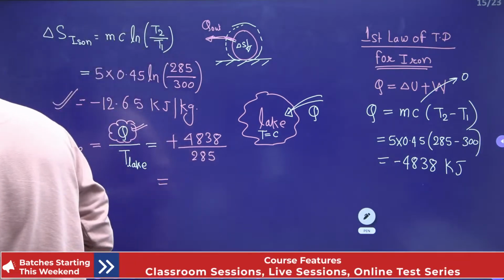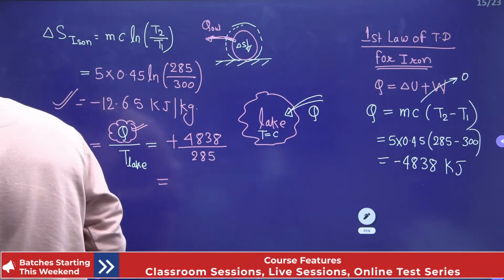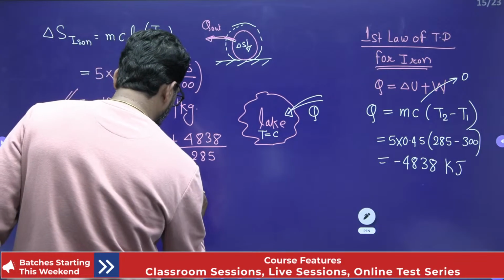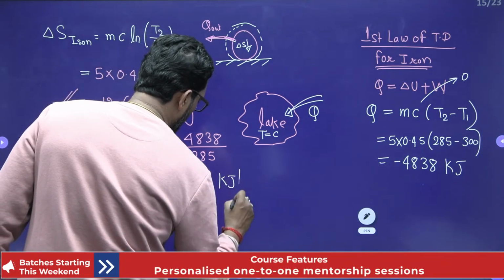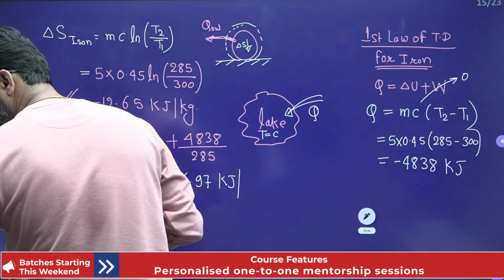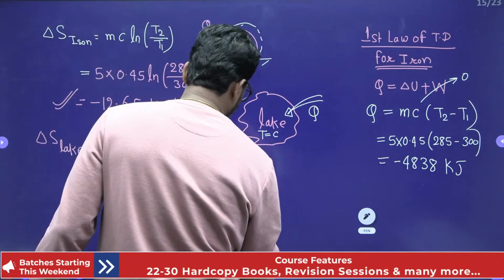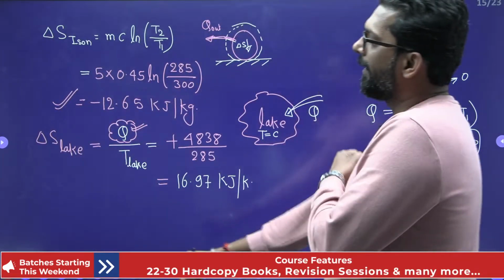This answer is 16.97 kilojoule per Kelvin. So this is for the lake.